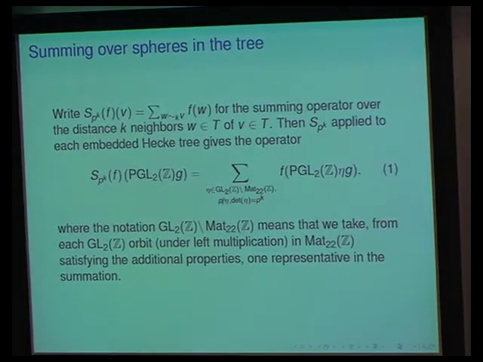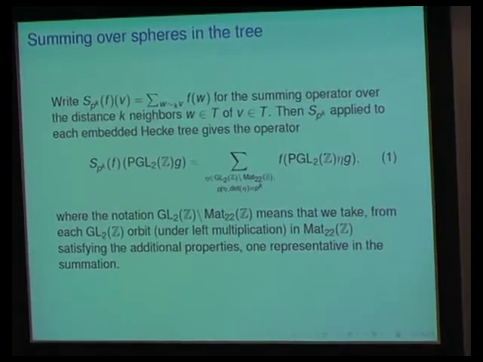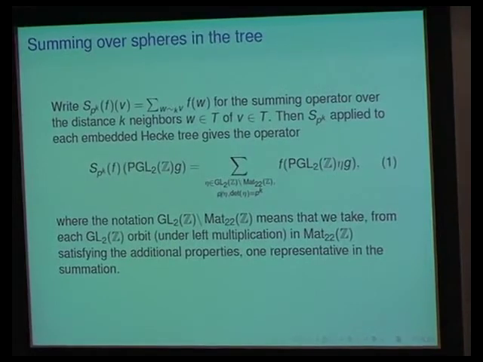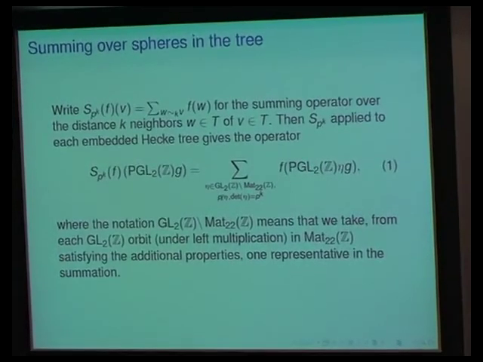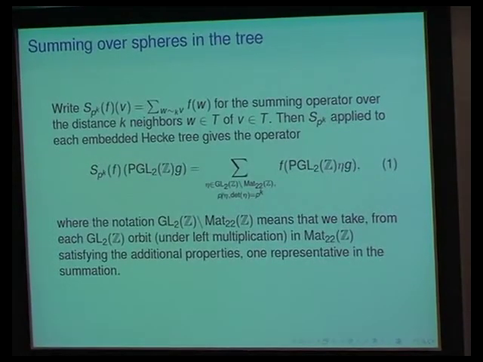And after some calculation, you get that it's this operator. Just so that we recall later that these summation operators over the neighbors, when I talk about the p plus 1 regular tree, have something to do with the modular surface and the real world.